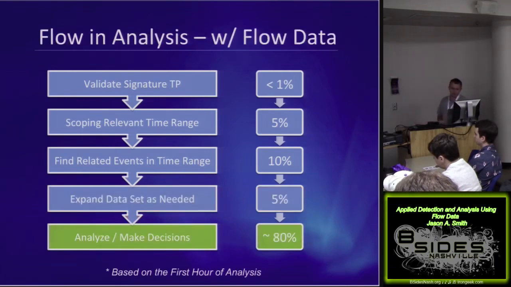With flow data, you really get to spend 80% of your time for a given hour on making the decision of good or bad, and that's because you kill the first few things. You can still do the validations of the signature and whatnot, depending on certain types of data. Again, that's easy with PCAP in general. But then you're actually sorting through things.